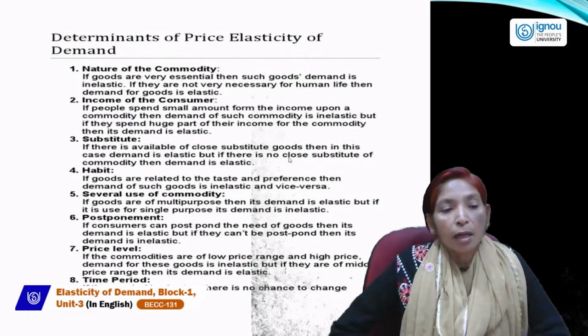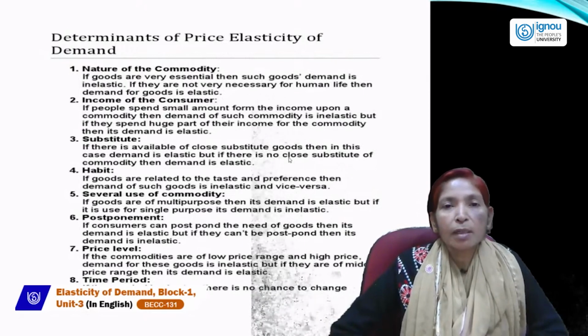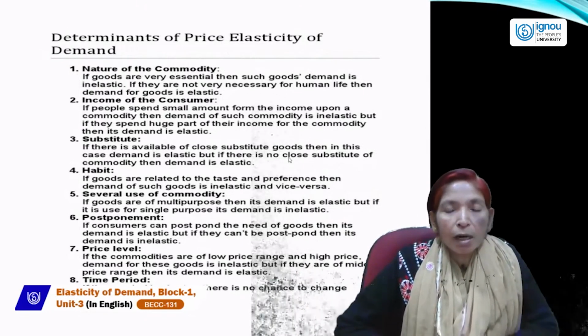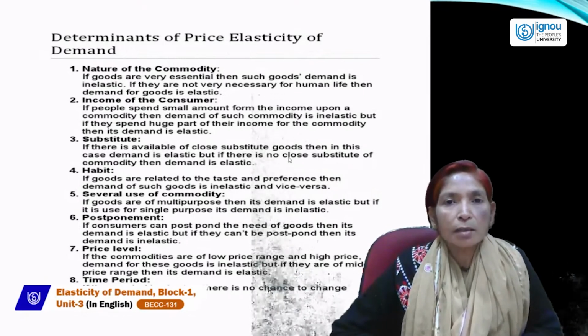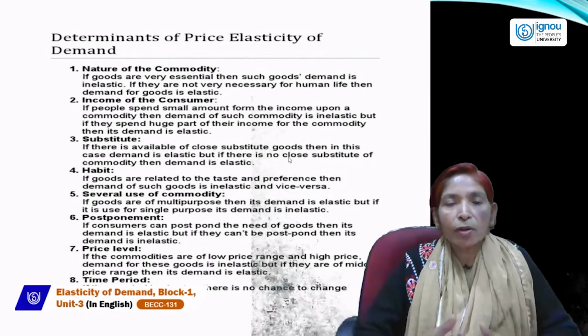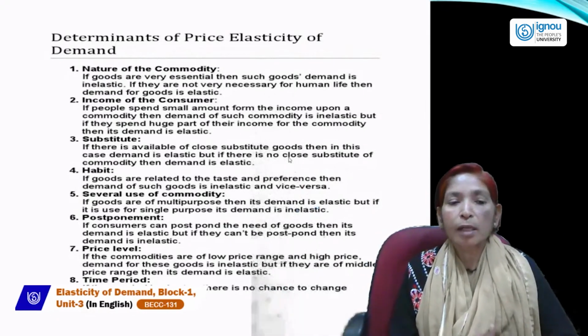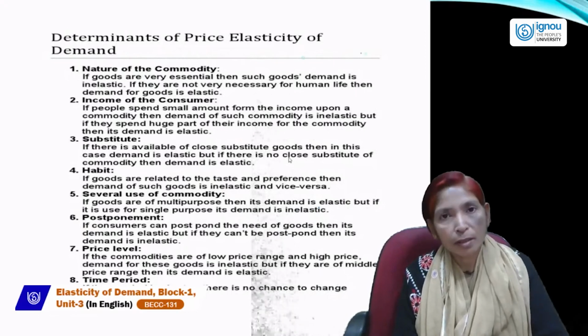But if it is used for a single purpose, its demand will be inelastic. So several uses of a commodity also affect the elasticity of demand. If a product can be used only for a single purpose, demand will be less elastic. And if a product can be used for multiple purposes, then demand will be more elastic.